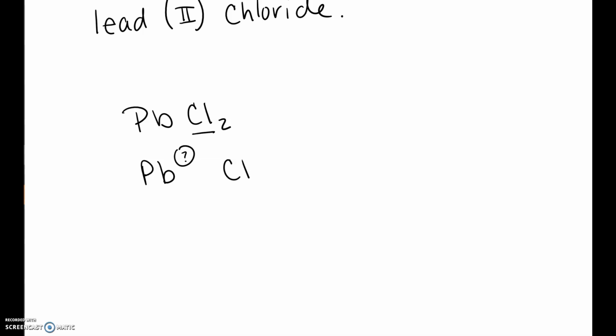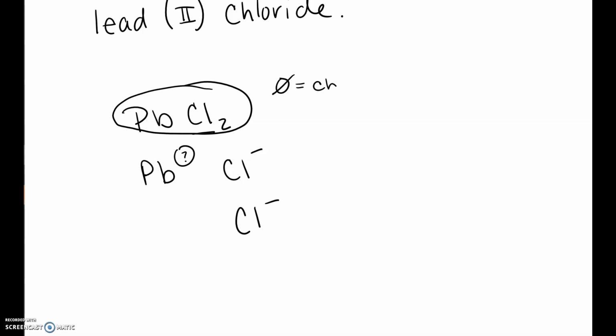But we do know the charge of chlorine, and chlorine is Cl-. This subscript tells me that I have 2 chlorines, so I have Cl- and Cl-. The charge of an ionic compound is neutral, meaning 0. If I have 2 chloride ions, the net charge of these is 2-.